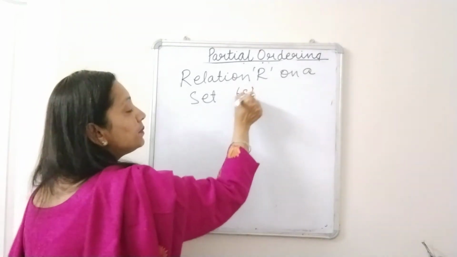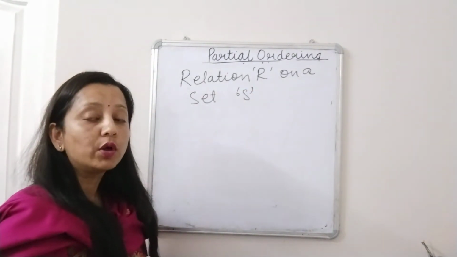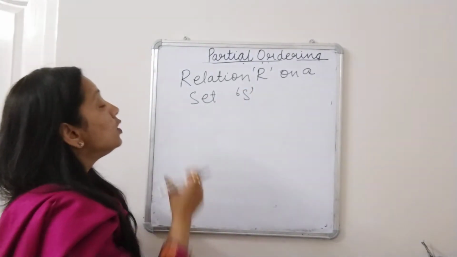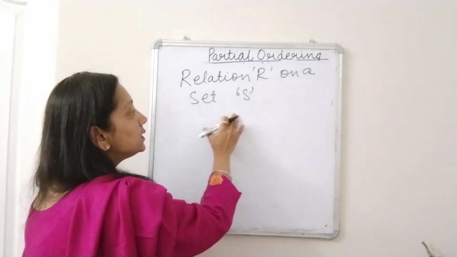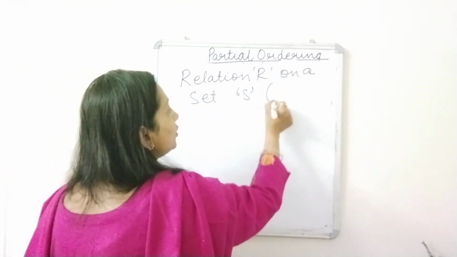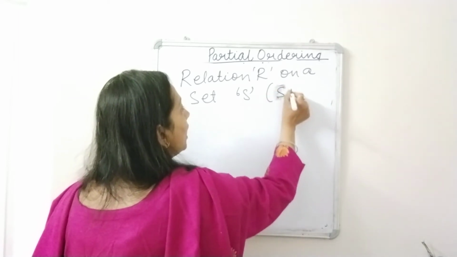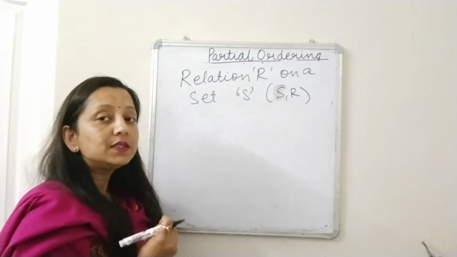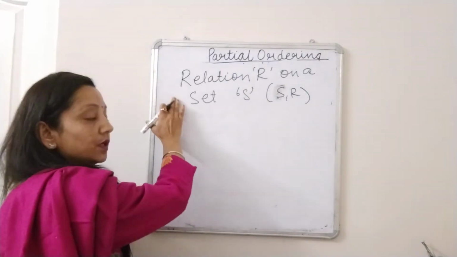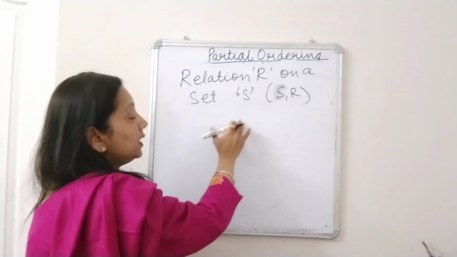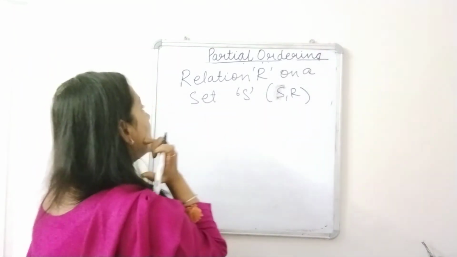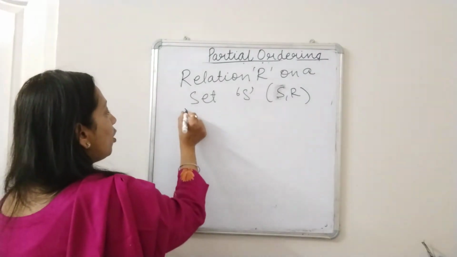Because the relation is always formed on a set, right? So the relation R on a set S, denoted by S comma R, should have these three properties.